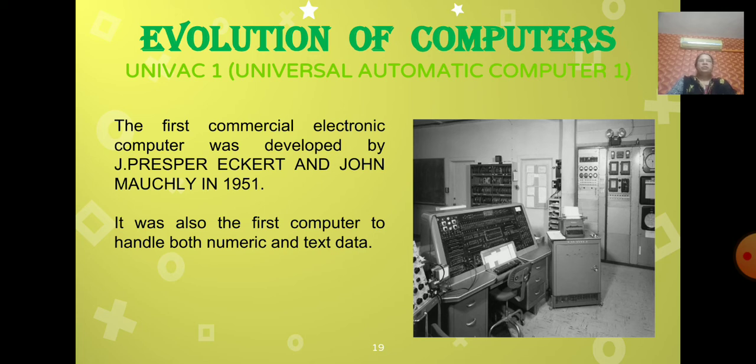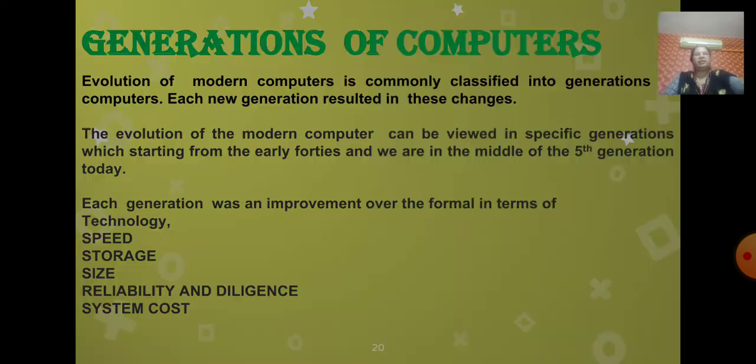It was developed by J. Presper Eckert and John Mauchly in 1951. It was the first computer to handle both numeric and text data.